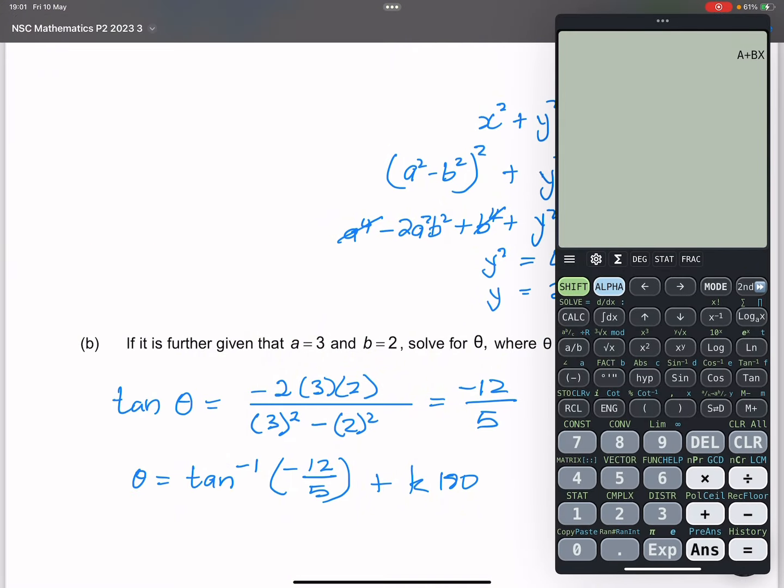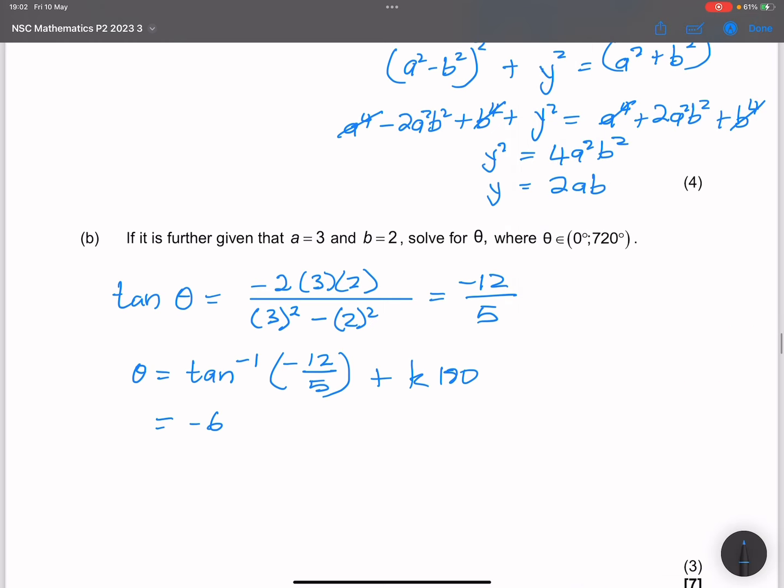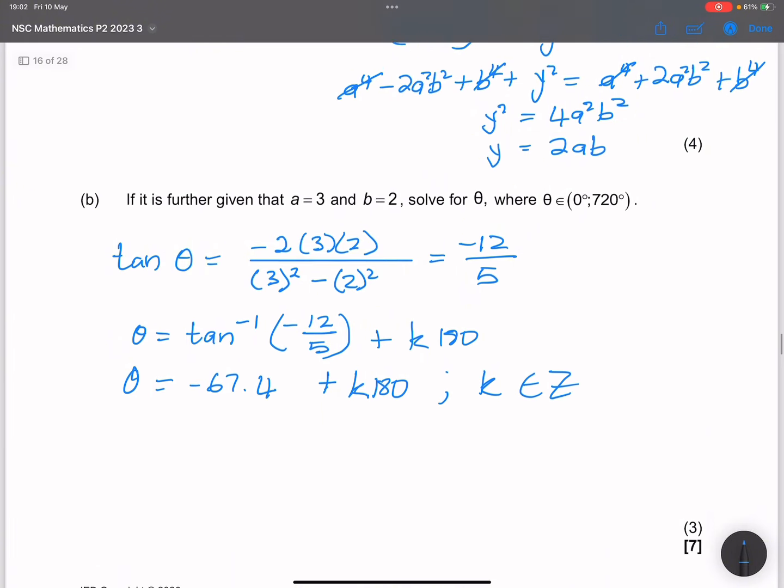The arctan of negative 12 divided by 5 gives us negative 67.38, or negative 67.4. So that's minus 67.4 plus k times 180, whenever we solve for tan, where k is an element of integers. We should never forget to state that.